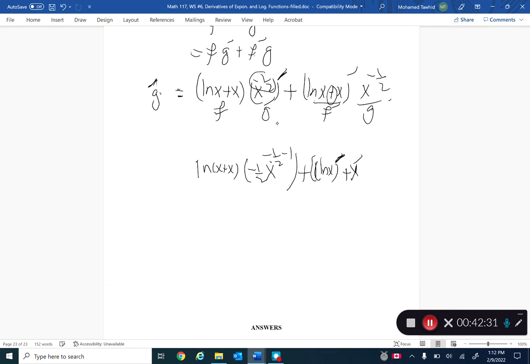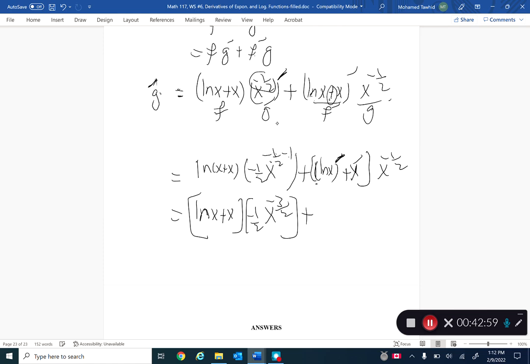So ln x prime plus x prime. I close the bracket. This term here is exactly the same, I just copy it. Let me simplify: you have ln x plus x, that is the one term here, and negative 1 over 2, x to the power negative 3 over 2. Negative 1 over 2 minus 1 gives negative 1.5, or negative 3 over 2.